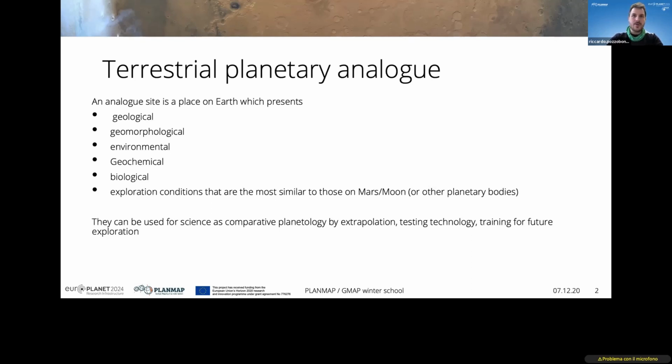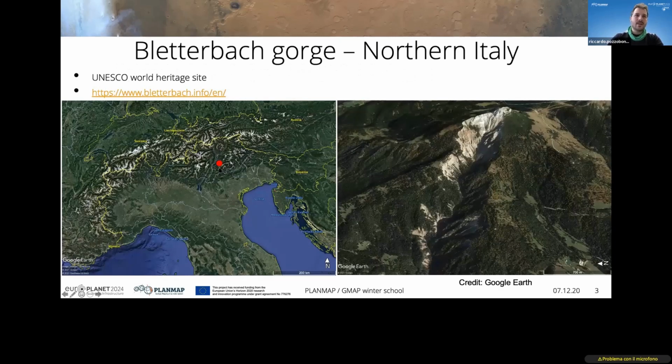So specifically, referring to the picture I've shown you before, this was taken in the Blätterbach Gorge, which is a UNESCO World Heritage Site in Alto Adige, near Bolzano in northern Italy. This place is particularly spectacular because it's on the side of a mountain carved by the Blätterbach River, and it completely exposes the sequence from the Permian to the Triassic of the Dolomites.